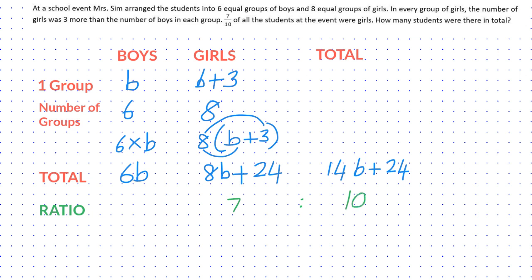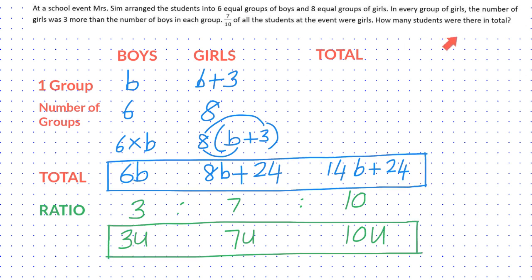The difference in the ratios of the total students and the girls would be the ratio of boys. So 10 minus 7 would be 3. So the ratio of boys at the event is 3. So that would be 3 units of boys and 7 units of girls, which gives us a total of 10 units.